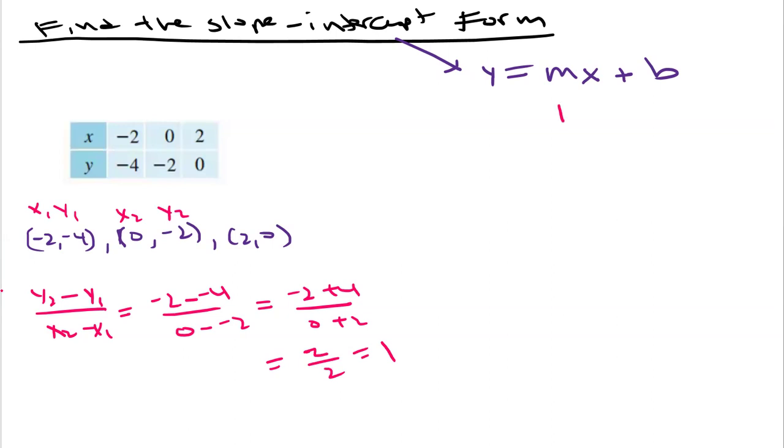Now we need to find the b, the y-intercept. I'm going to show you two ways.